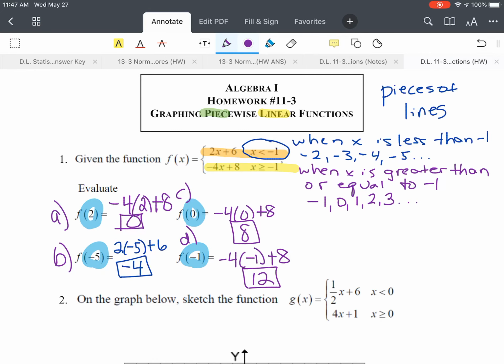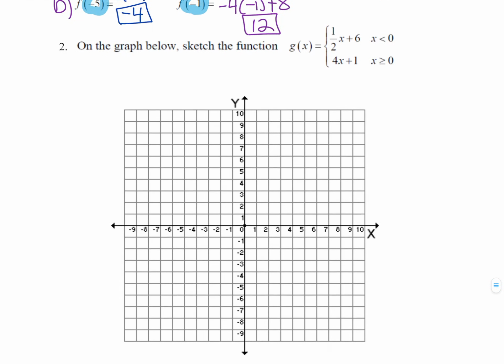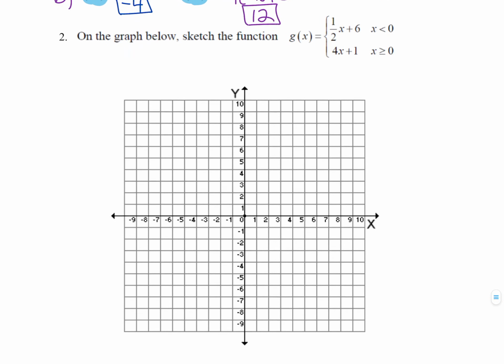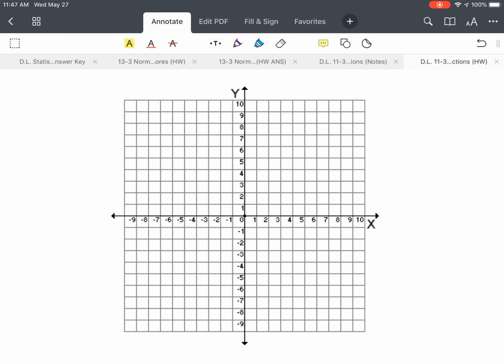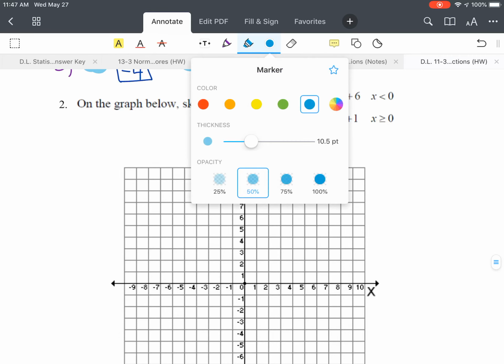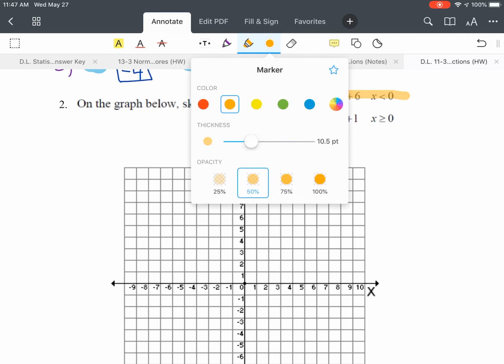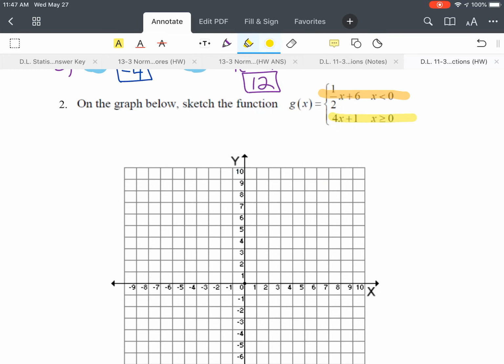Let's go to the next one, the only other one. This one we're going to graph. So this is what we did yesterday together in our Google Meets class. So again, we have two different lines. We have the line that is 1/2 x plus 6, and we have the line that is 4x plus 1.